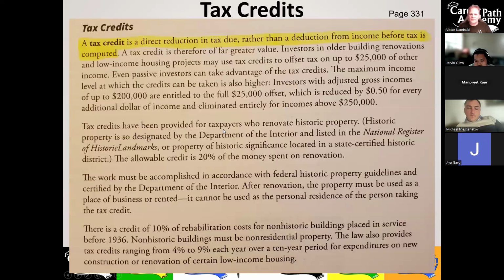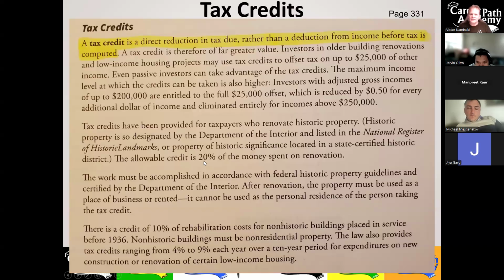Tax credits have been provided for taxpayers who renovate historic properties as designated by the Department of Interior, and they're listed in the National Register of Historic Landmarks, which New Jersey has a lot of properties like that. A property of historic significance located in the state certified historic district of town.